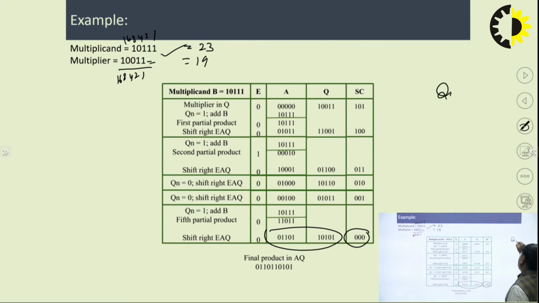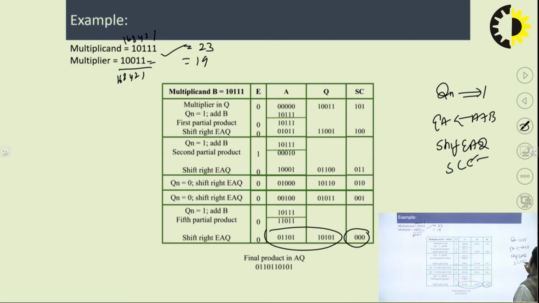Here Qn, if it is 1, then EA equals A plus B and shift EAQ, and SC is equal to SC minus 1. This is the main algorithm.